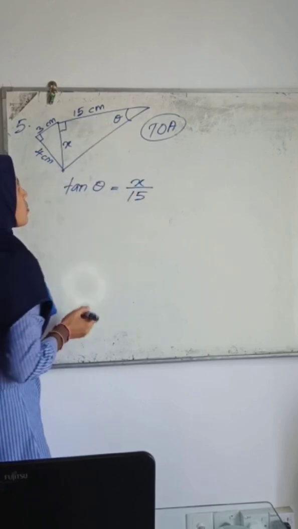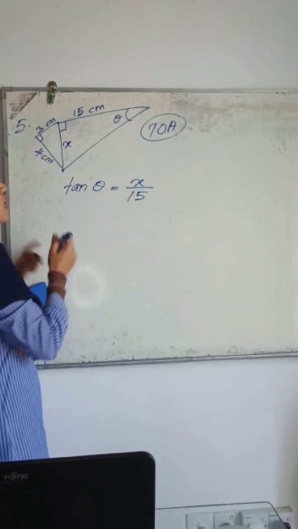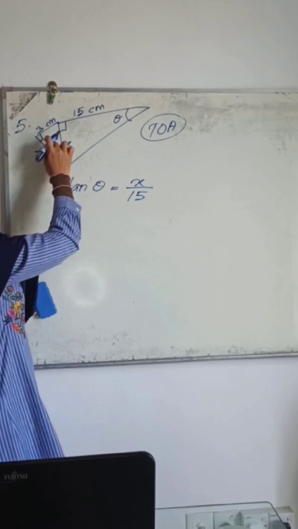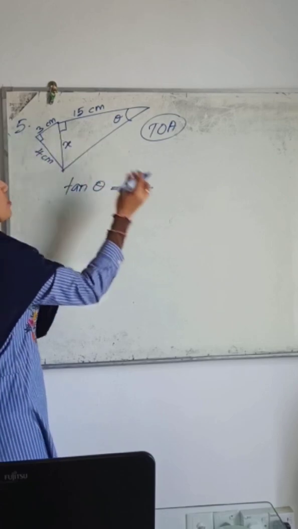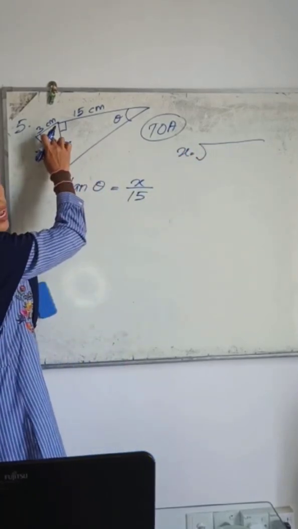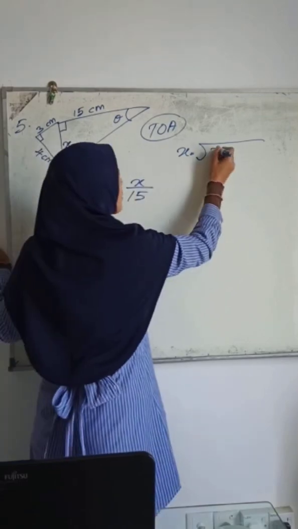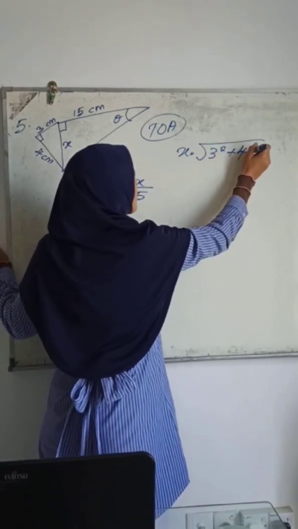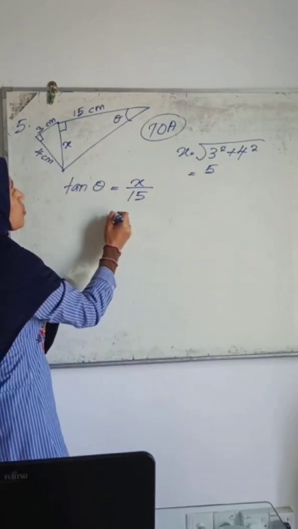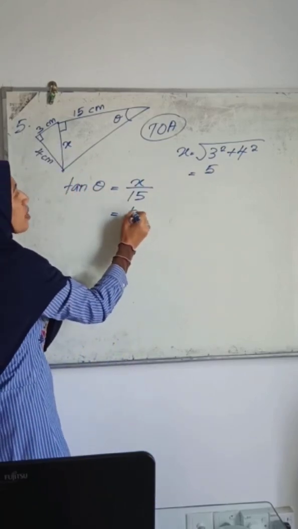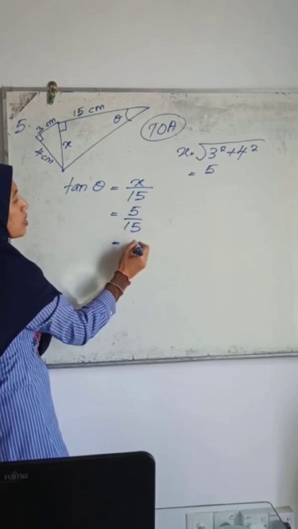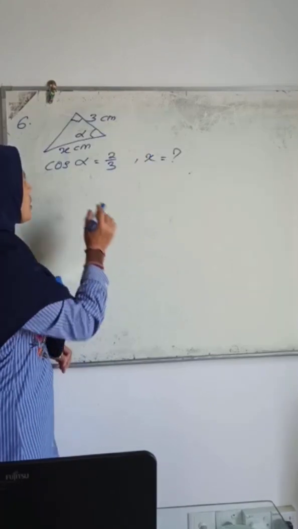To find x, we can use this right triangle and Pythagoras theorem. x is equal to the square root of 3 squared plus 4 squared. So x is 5. Tangent theta is equal to 5 per 15. Simplify, divide by 5, divide by 5, so 1 per 3.